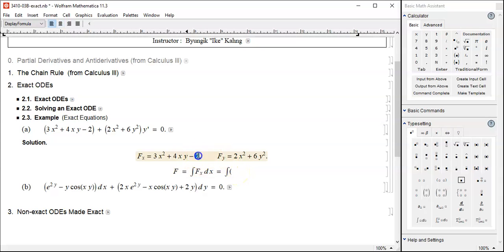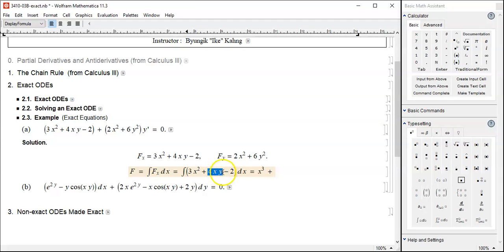So we have this. And then let's do the computation. What is the antiderivative of 3x squared? It's x cubed, right? What's the antiderivative of 4xy?